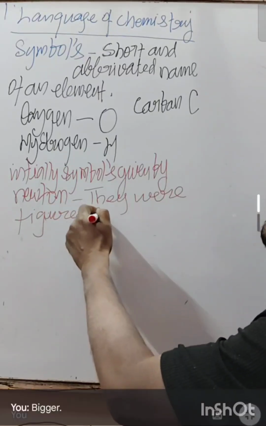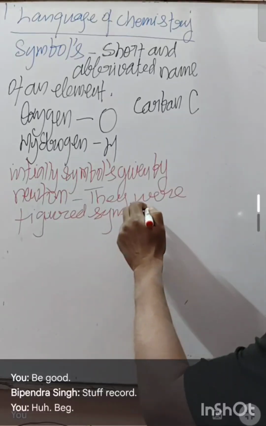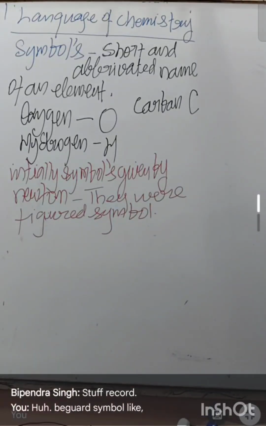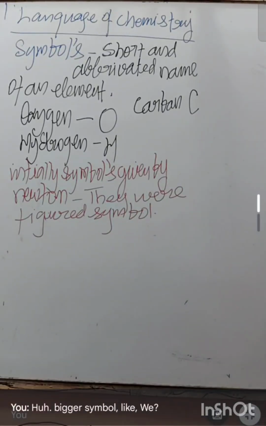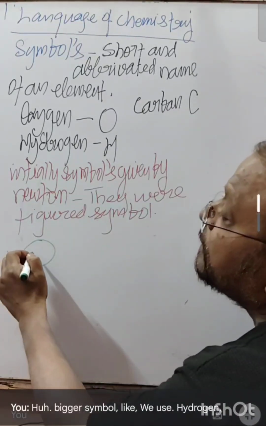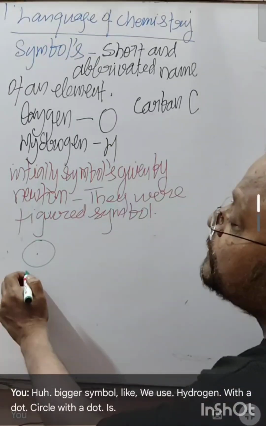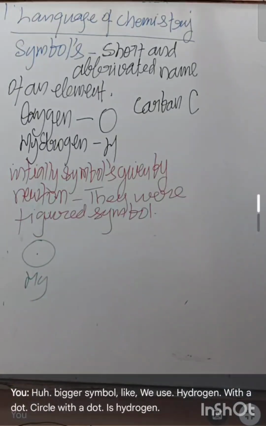Figured symbols. Like we use hydrogen with a dot. A circle with a dot is hydrogen, right?